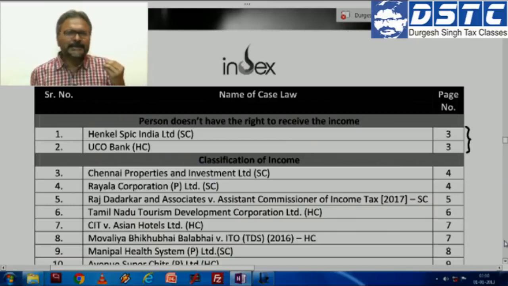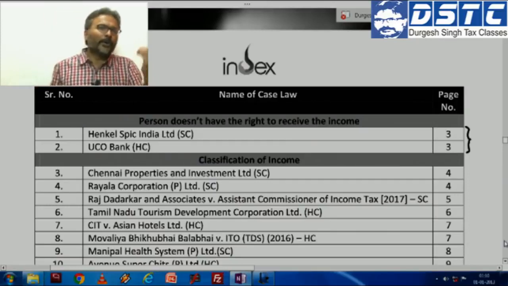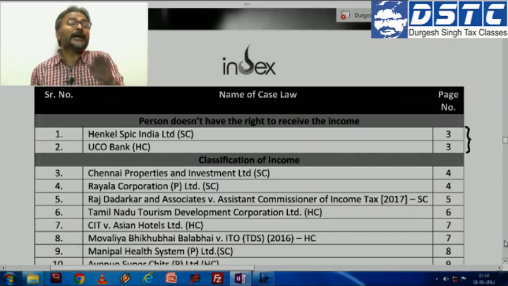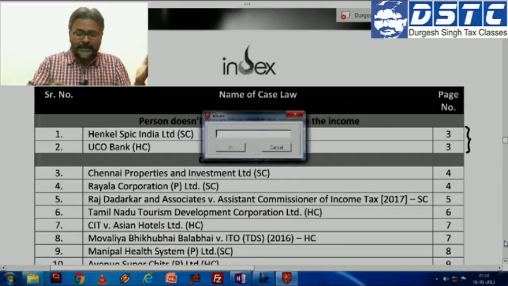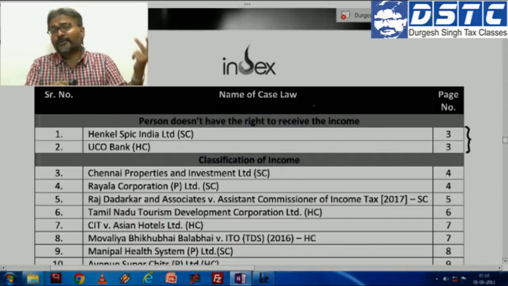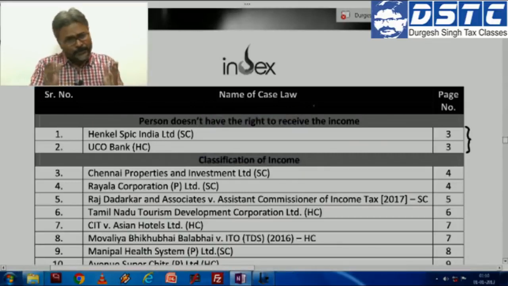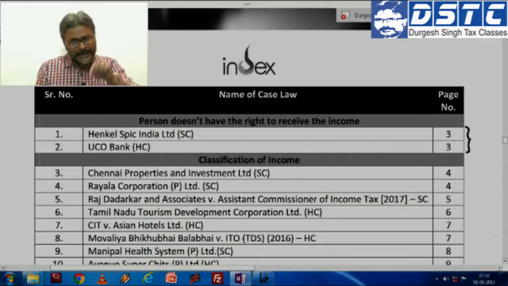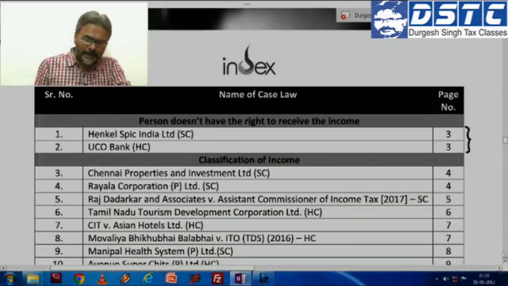So these case laws have to be known to all of you because the ICAI hasn't taken them into consideration so far in previous attempts. So they are likely for your examination, and hence their importance.